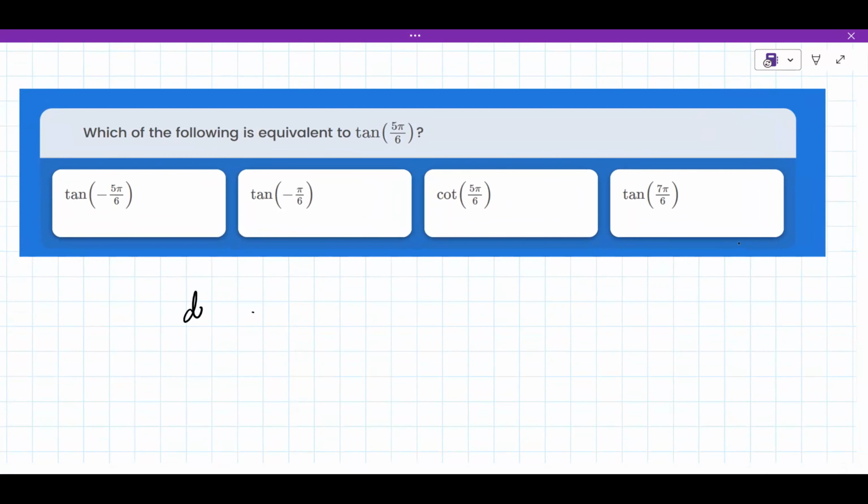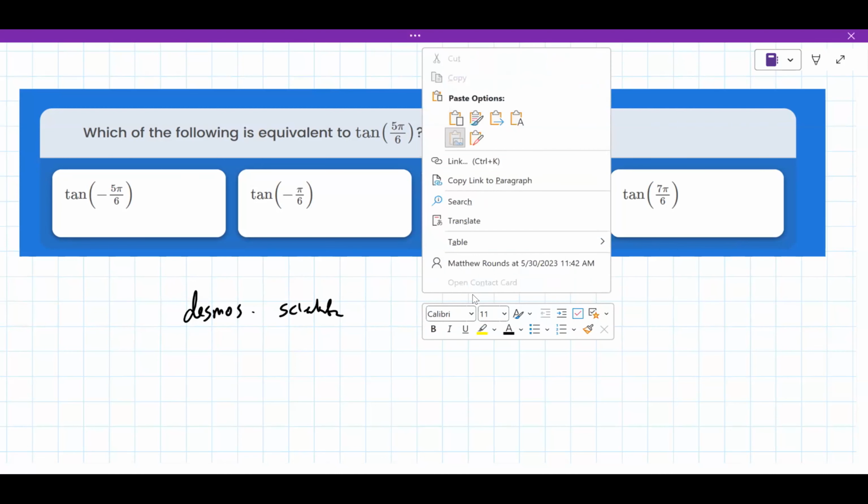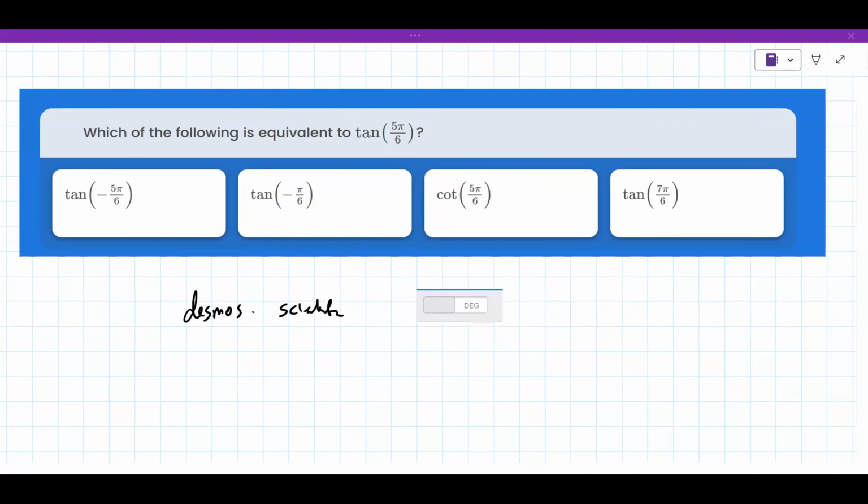So here's what I want you to do. I want you to go to your Desmos Scientific calculator. You'll see a little button there that says DEG. If you click on it, you will see that it slides. It's really a slider.